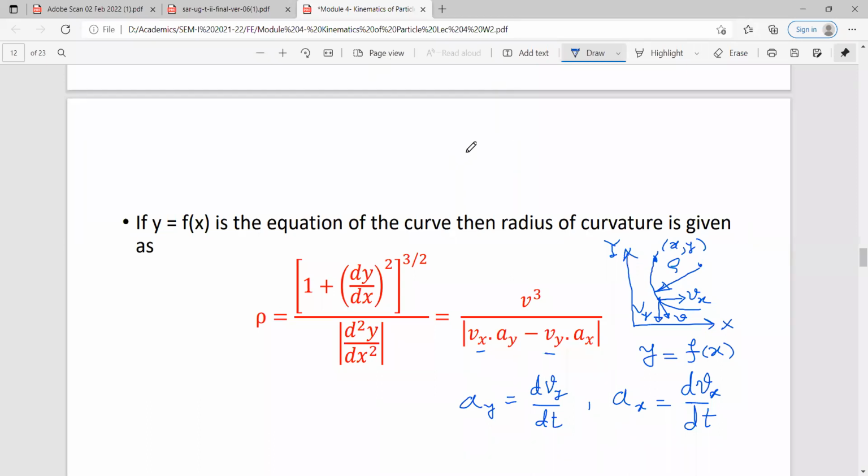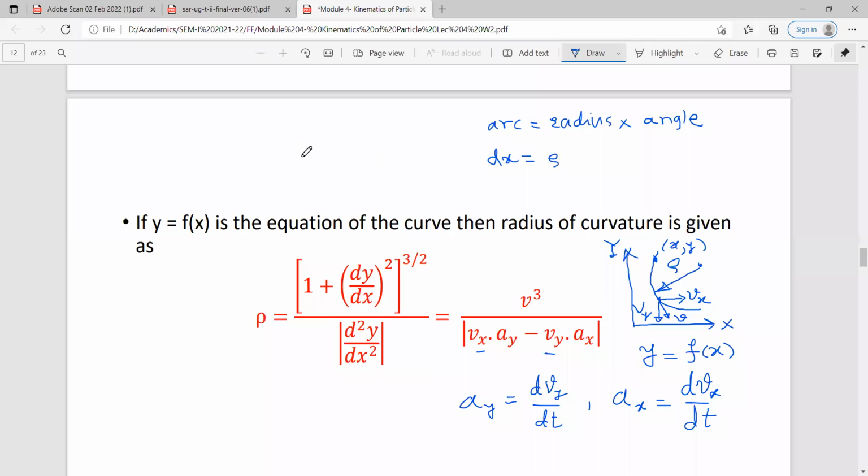Because you know that any section of the arc, say dx, we are considering a very small arc. So length of the arc is equal to radius multiplied by angle, right? So say the length of the arc is dx, radius of curvature is rho, and the change in angle over change in length dx is d theta.